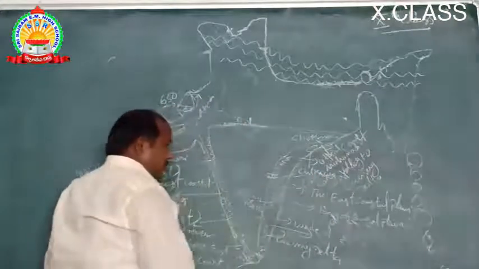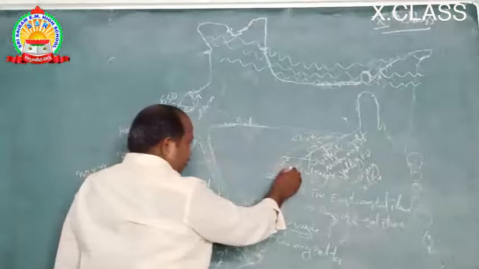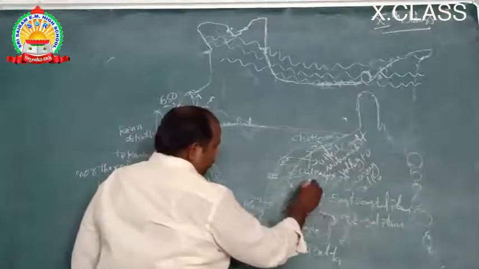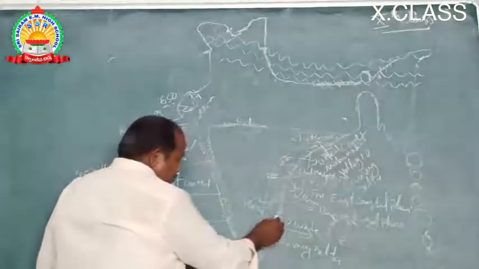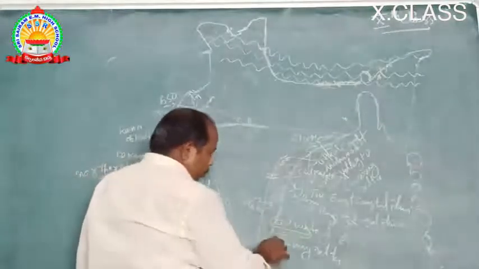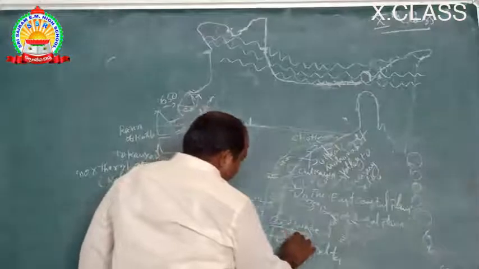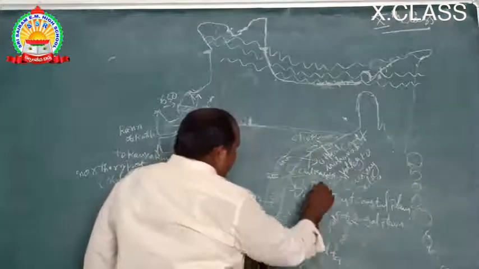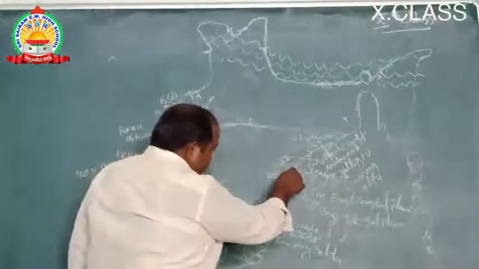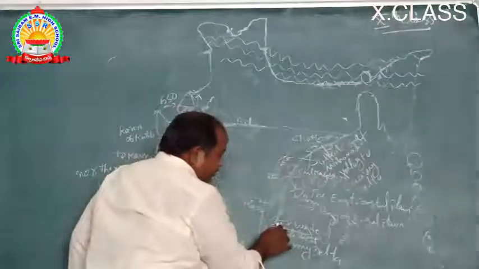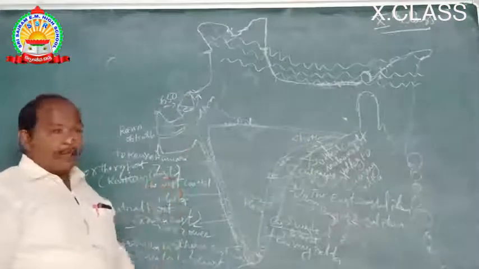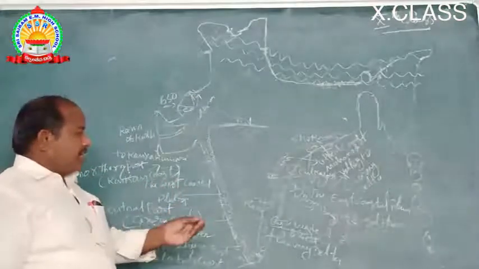Between East Godavari and West Godavari in Andhra Pradesh, there is Kolleru Lake, a freshwater lake. Between Nellore in Andhra Pradesh and Tamil Nadu, there is Pulicat Lake, a saltwater lake.